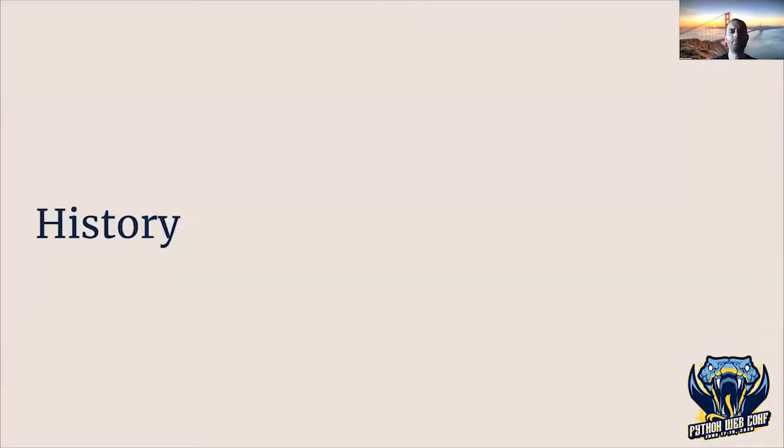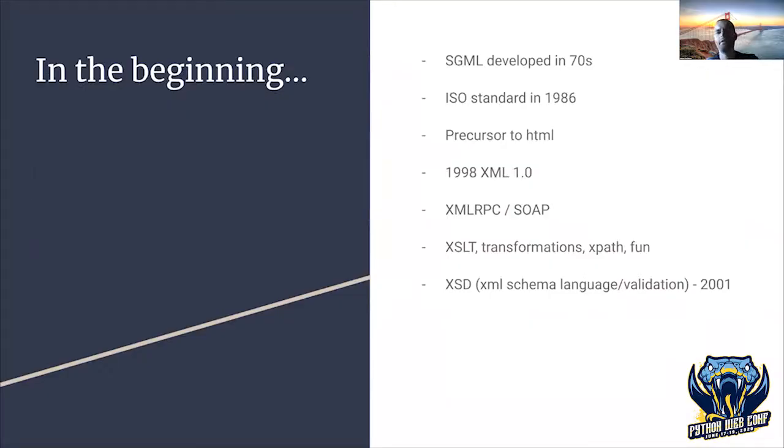Before JSON, we had XML-based ways of describing structured data. And maybe some people are young enough to not ever have to deal with XML, but if you deal with HTML, which everyone has to deal with, it actually stems from a base standard called SGML, which is quite old.